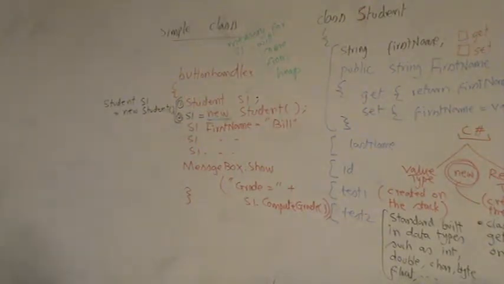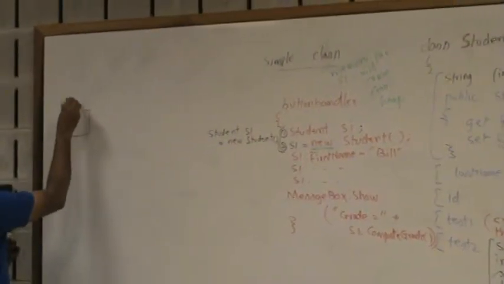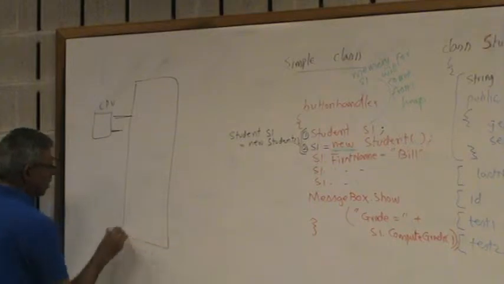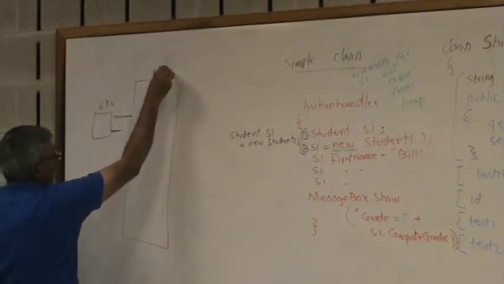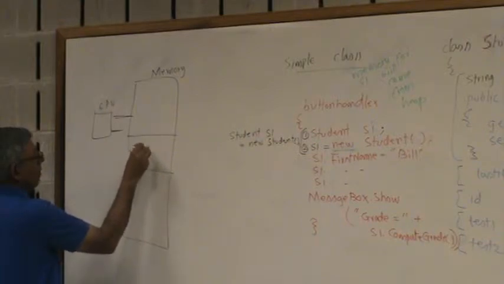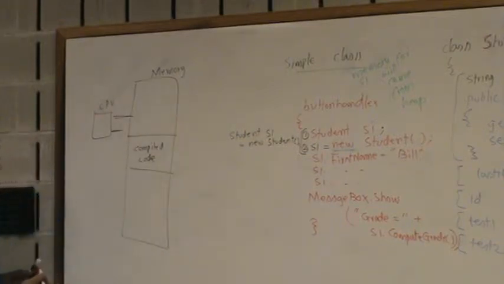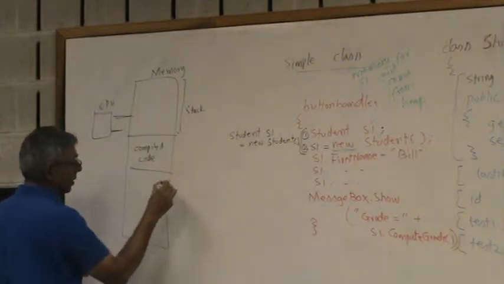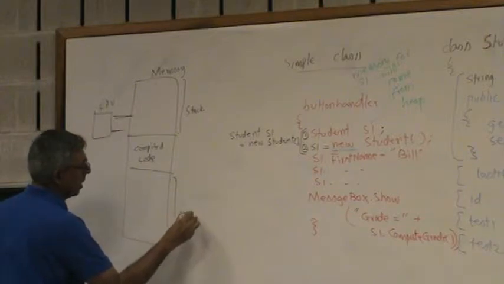Okay, see if I draw the CPU. Suppose this is the memory. This is the compiled code. Remember, the compiled code gets loaded into the memory. Then let's pretend this is the stack area, and this is the heap area.